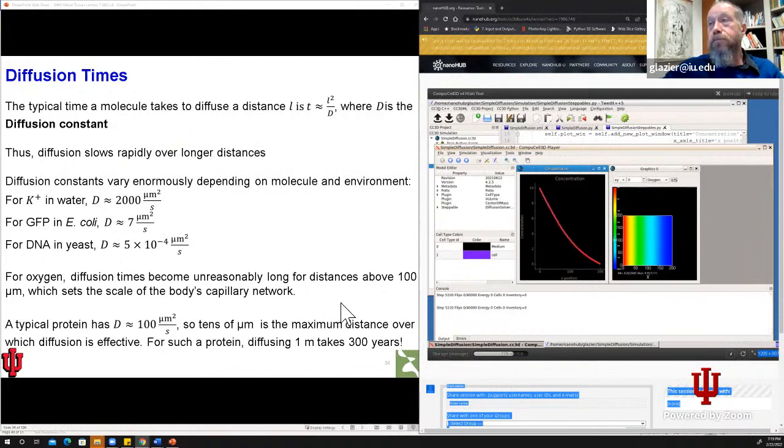With diffusion, the time goes like the square of the distance divided by the diffusion constant. In this case, my diffusion constant was set to 1. And so the time is the square of the distance. In this case, to get to 200 is going to take on the order of 40,000 Monte Carlo steps.